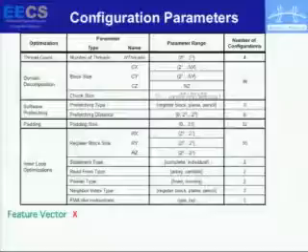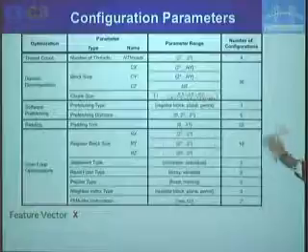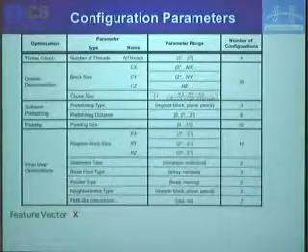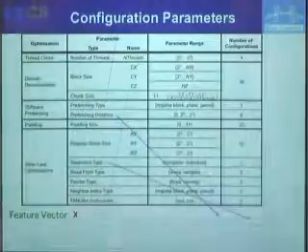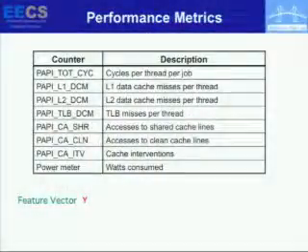And this is the parameter range for these different optimizations. And this is the number of configurations for each of these separately. So you can multiply them to get the total number, which is approximately 40 million. The feature vector basically just takes them and groups them into a feature vector like this. And the same is done with the performance metric.